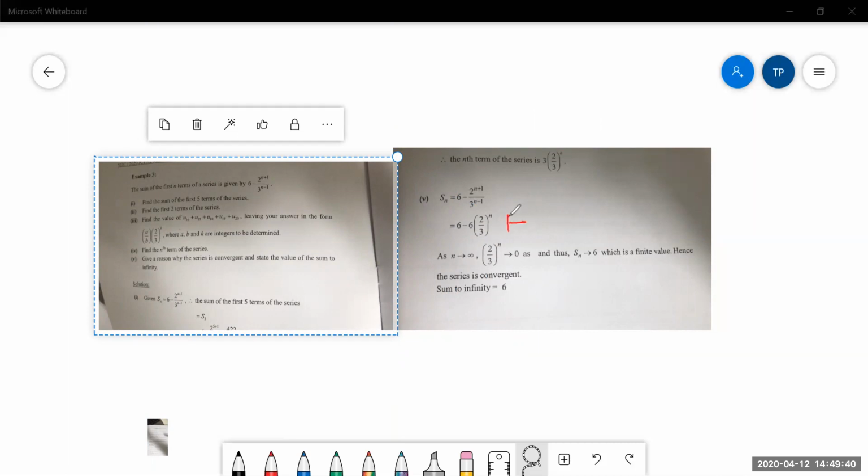So this one you get it, right? So when n tends towards infinity, it means when n becomes a very, very big number. When we want to determine whether something is convergent or not, we need to let n go towards infinity. It's like a light ray, like a torchlight.